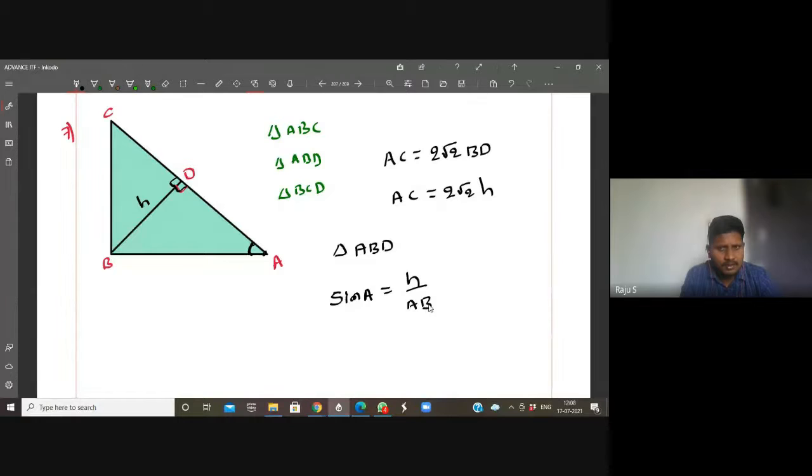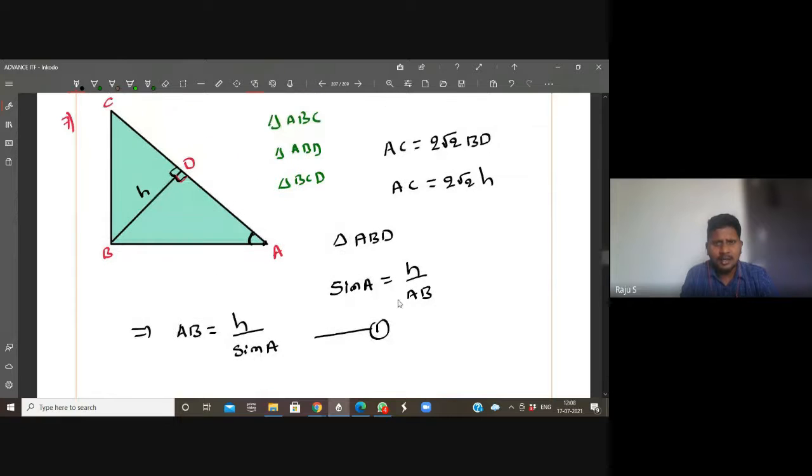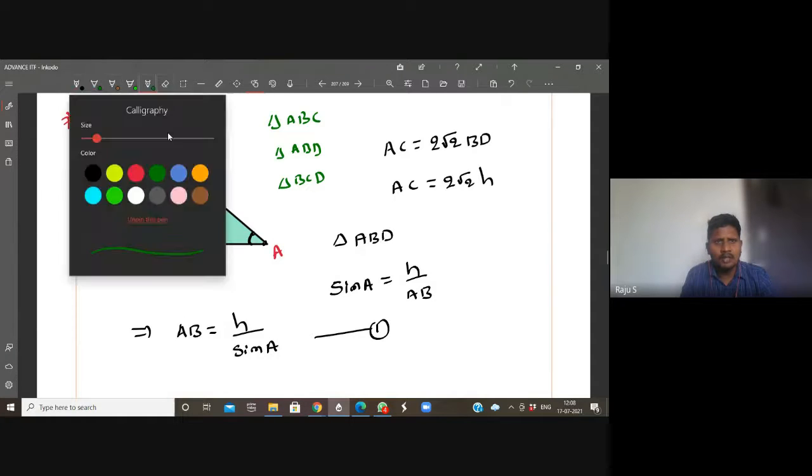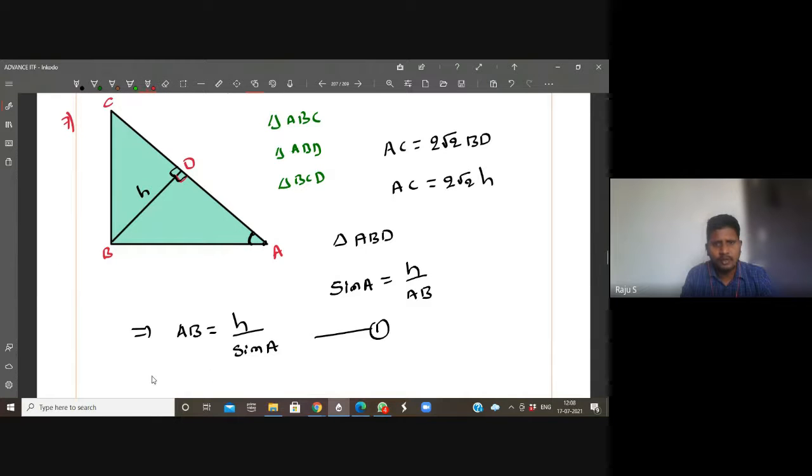H by AB, which implies AB is equal to H by sin A. Let us call this 1. From the triangle ABD, I am getting AB is equal to H by sin A. Now from the triangle ABC, can anyone tell what is cos A?